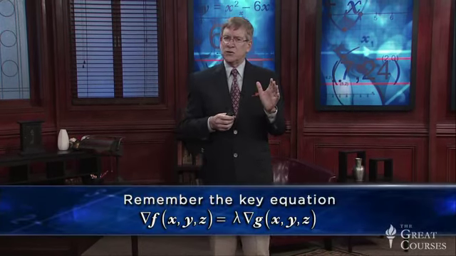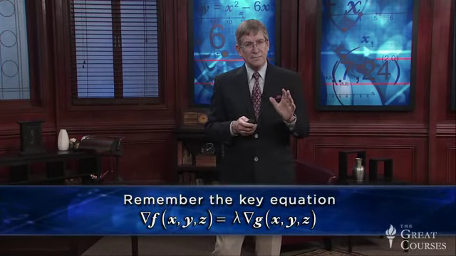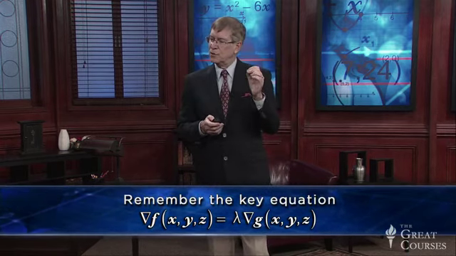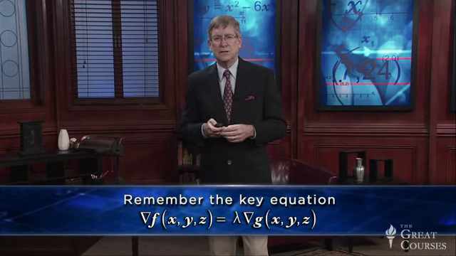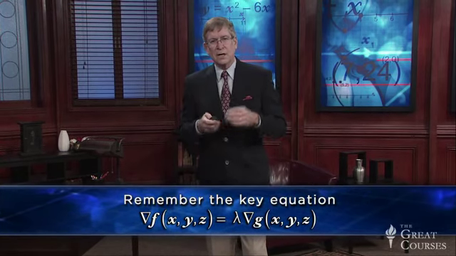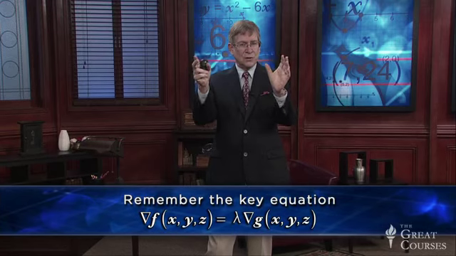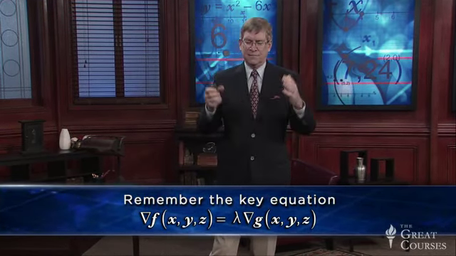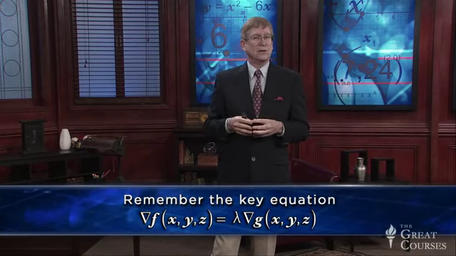That's where Lagrange multipliers comes in very strongly. The key equation is gradient of f, where f is the function you want to optimize, equals lambda times the gradient of g, where g is the constraint equation. That gives rise to certain equations, and then you add in the constraint equation, and you have a set of algebraic equations that you then solve.